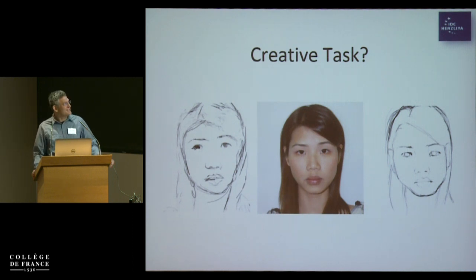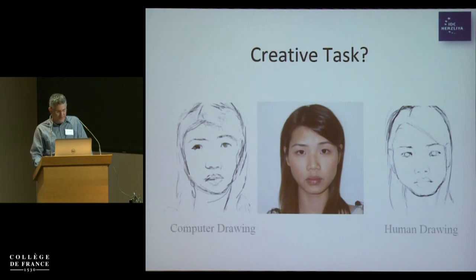So let's say, who says that the right one is a human? Okay, so most of you think that the right one is a computer. Or you don't have any opinion, I guess. Anyway, the right one is actually done by a human, and the left one is done by a computer.